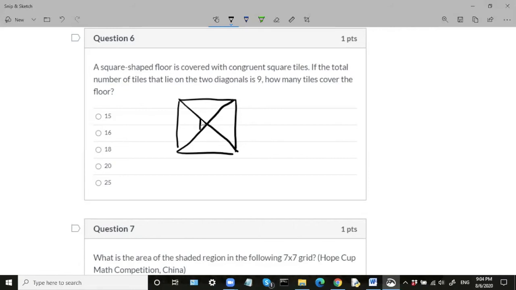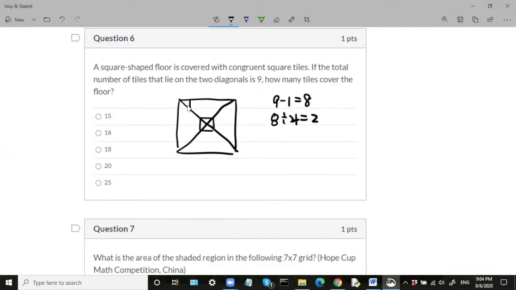So we have 1 tile in the middle, shared by these 2 diagonals. So 9 minus 1, we have 8 tiles left. So 8 tiles would be on 4 of these diagonal arms. So 8 divided by 4 equals 2.